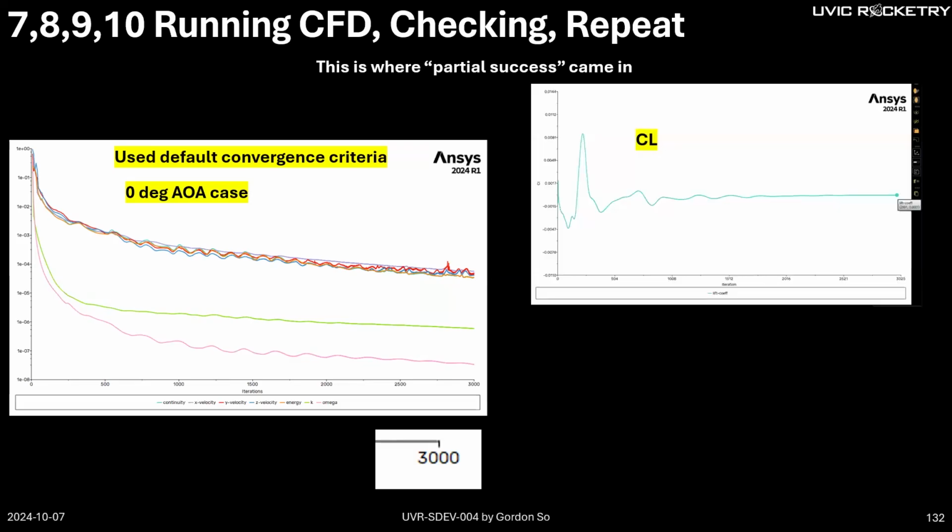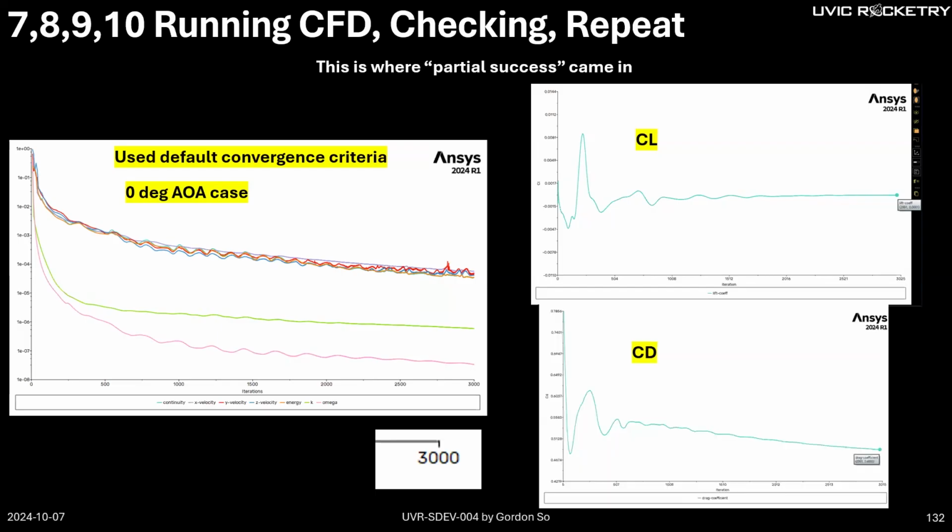If we look at the coefficient of lift plot, it converges. It makes sense, right? Because zero angle of attack, no lift. But if we look at the coefficient of drag, you can see it's actually not converging. So that's something that you would experience when you first run a CFD test case.